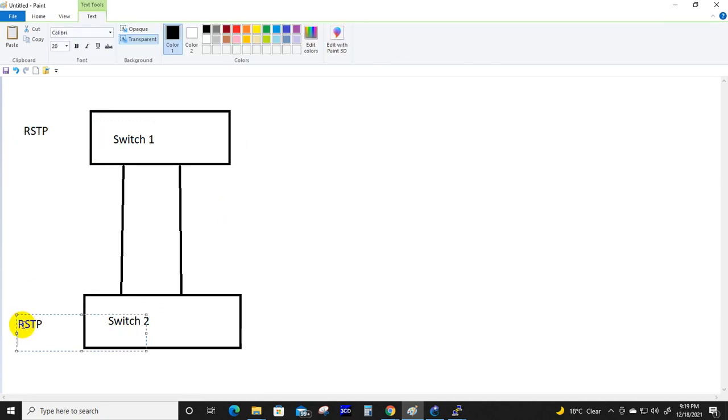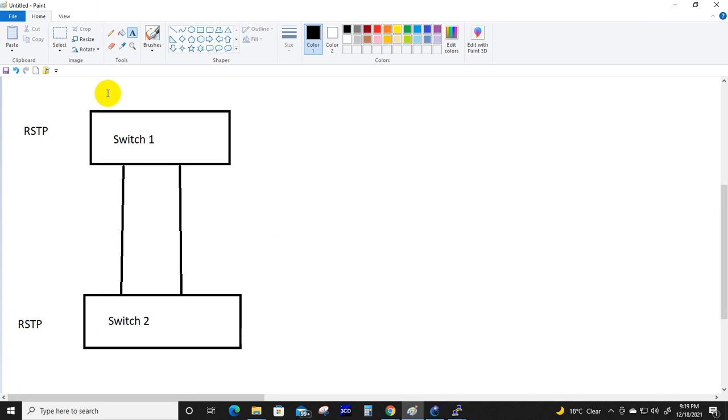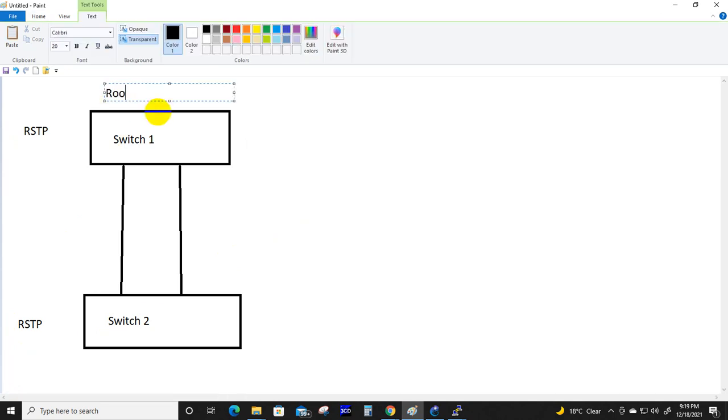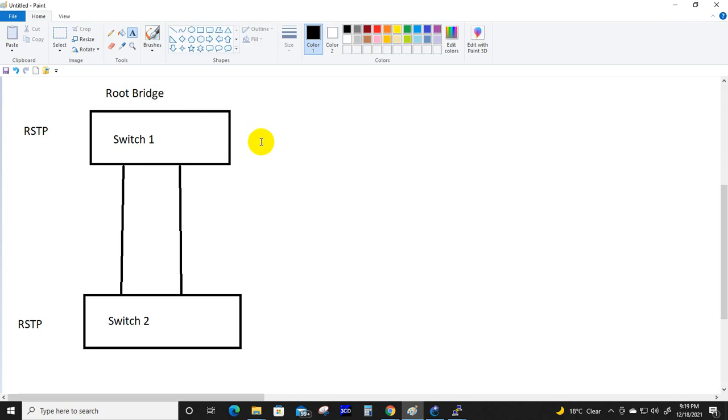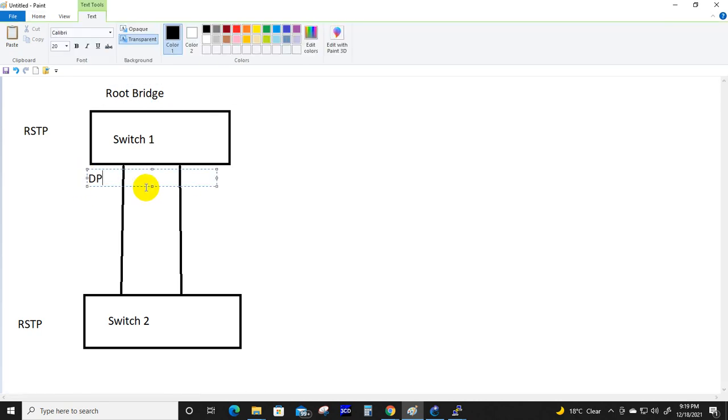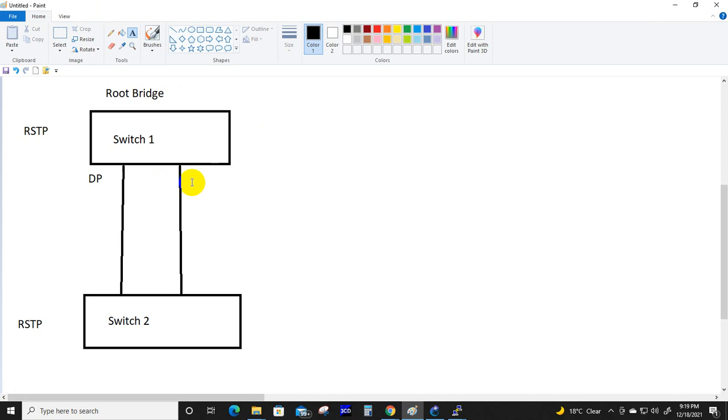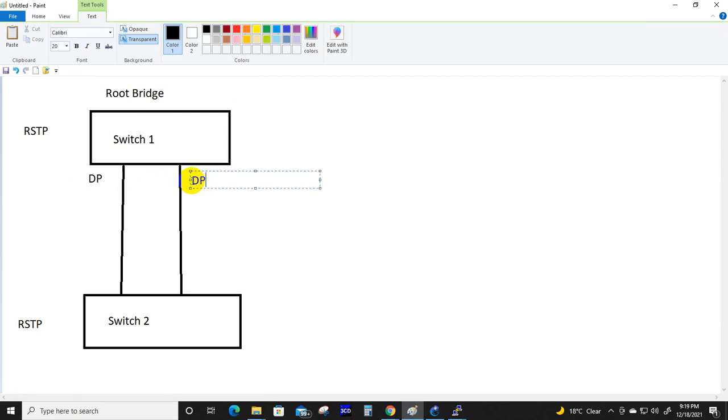Let's consider this is my root bridge, and we know all the ports are designated ports on the root bridge.